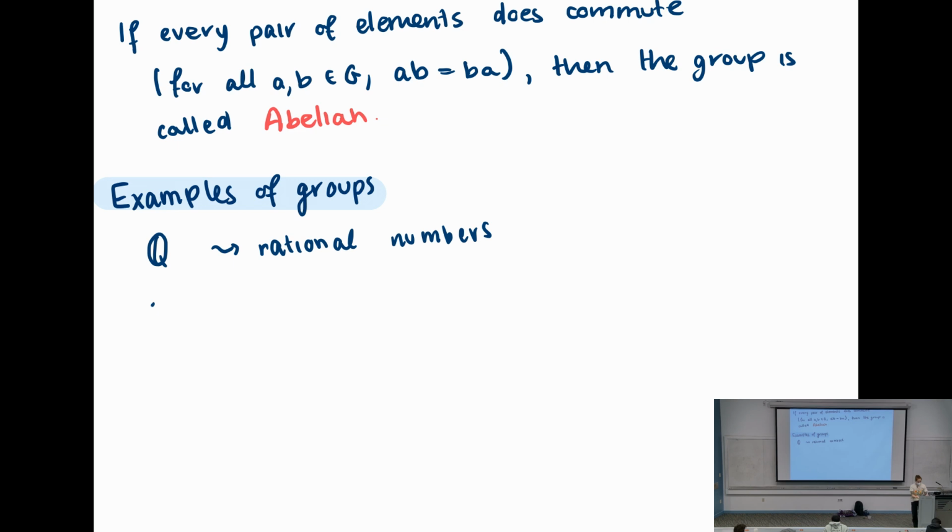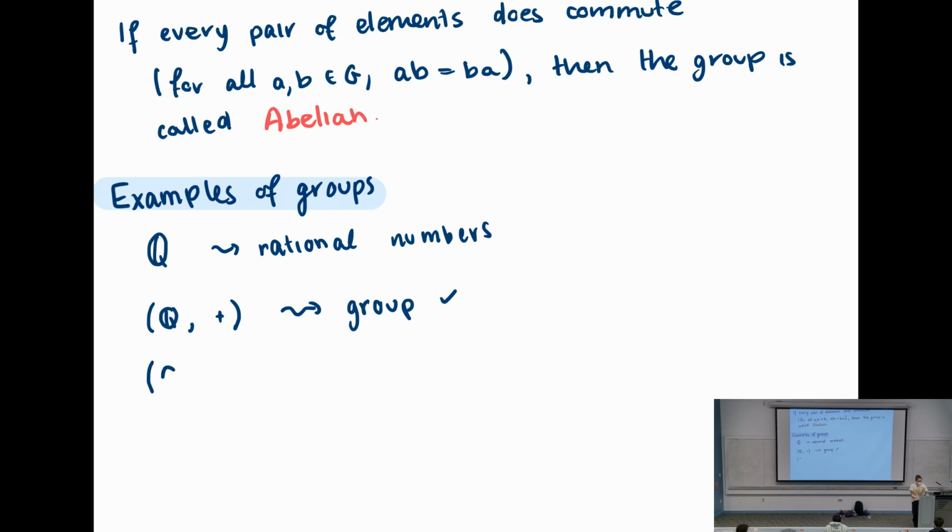If we think about the rational numbers together with addition, this is a group. We can think about the axioms. Addition is associative. The element 0 is the identity. And we have additive inverses, right? You can take the negative of an element and add that to itself, and that will get you 0, which is the identity. So this is a group.